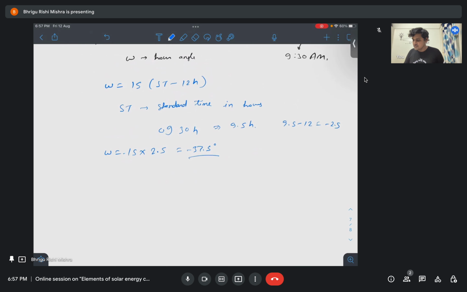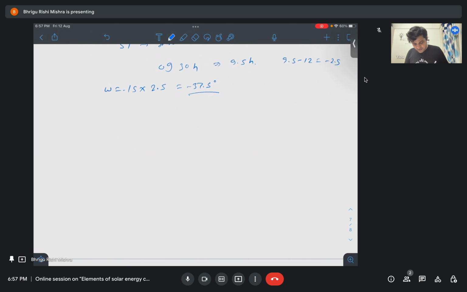Now for the tilted surface, for hourly average, there is a ratio which represents the hourly average radiation upon daily average radiation, and this equals pi by 24 (a plus b cos omega) into (cos omega minus cos omega s) by (sin omega s minus 2 pi omega s by 360 cos omega s).